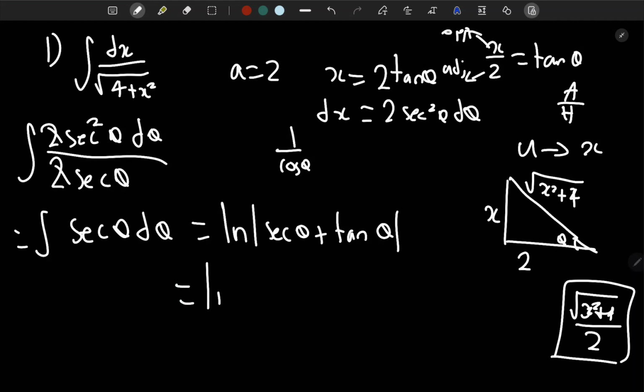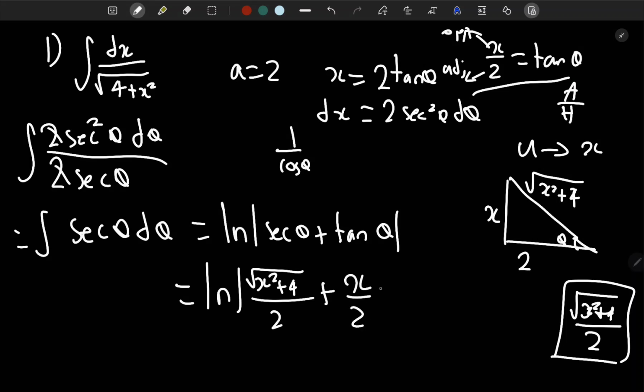So let's do that. Ln of secant, radical x squared plus 4 over 2, and tan we know from before that it is x over 2 simply over here, and that's it. And don't forget the c.